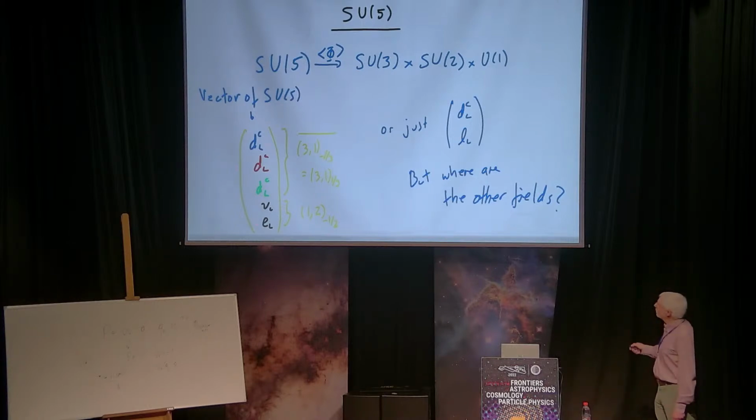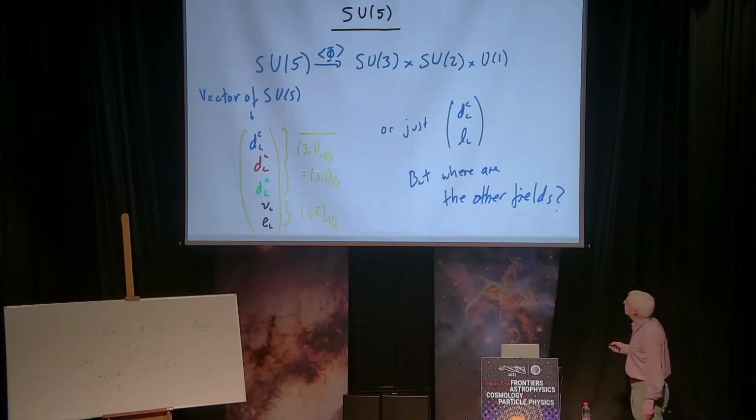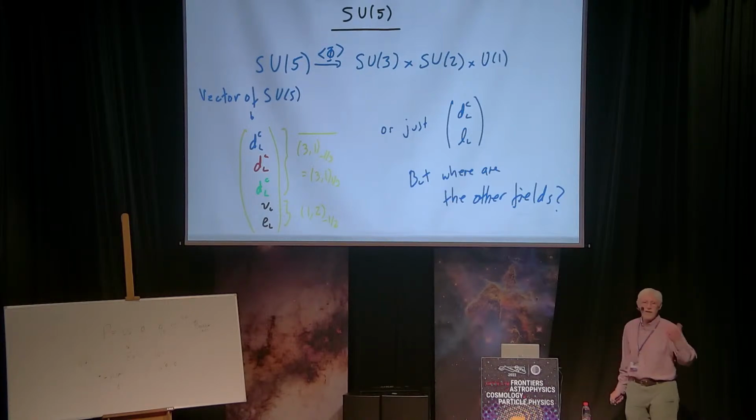And the triplet of color you can recognize as the charge conjugate of the right-handed field, which I told you yesterday is a left-handed field. This is a complex conjugate of (3, 1, minus a third), which is a 3 bar, meaning it's an anti-triplet of color.